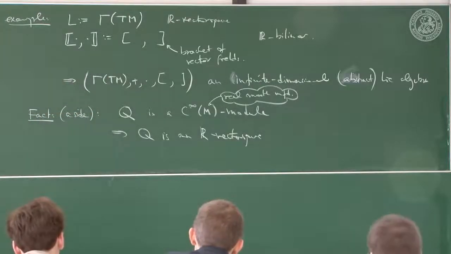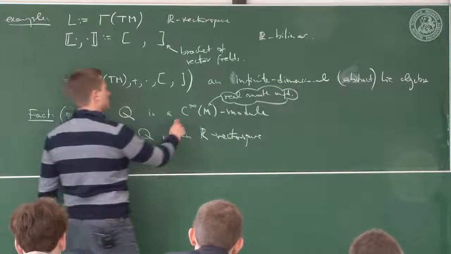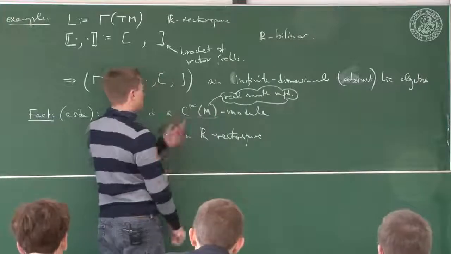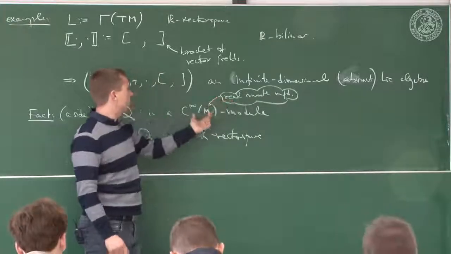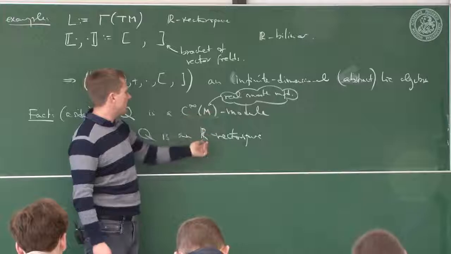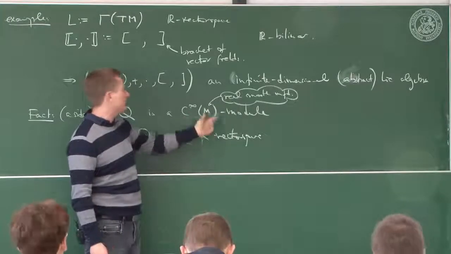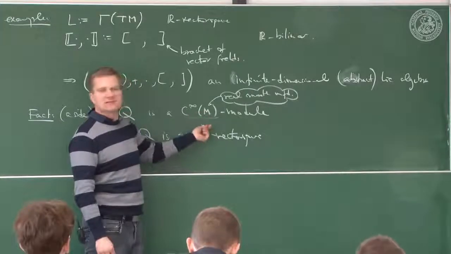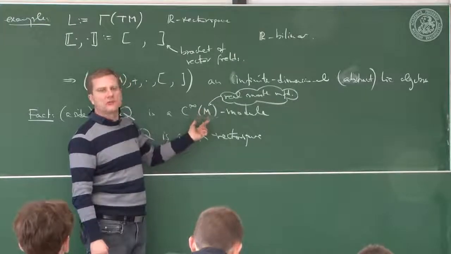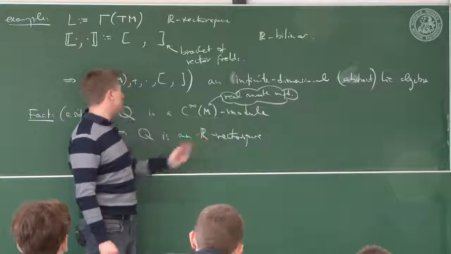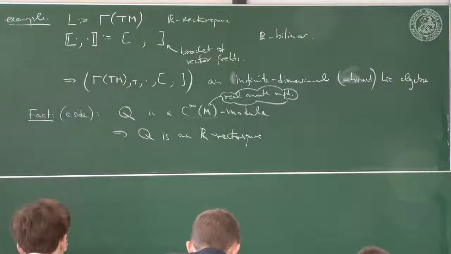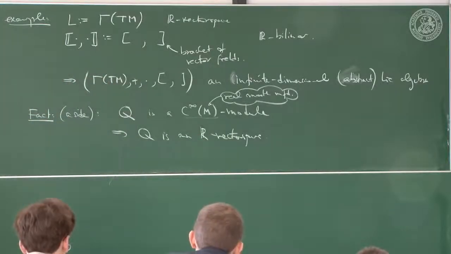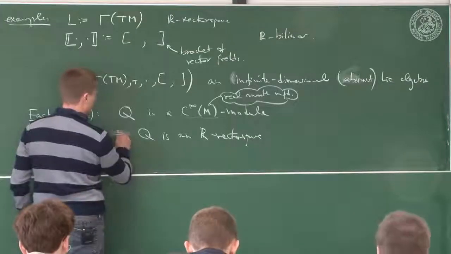I think it's pretty obvious, because this C infinity M is just a ring. If you restrict this ring of all smooth functions to all the constant functions, then it becomes a field. So certainly Q, a C infinity M module, implies Q is an R vector space.